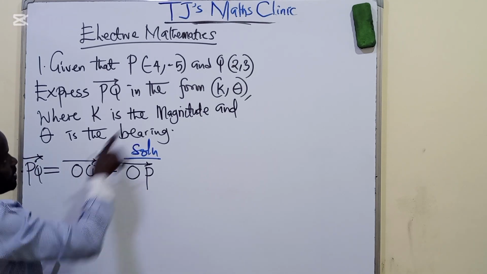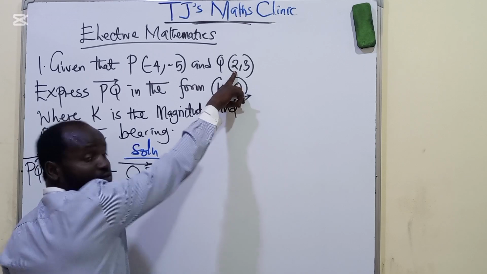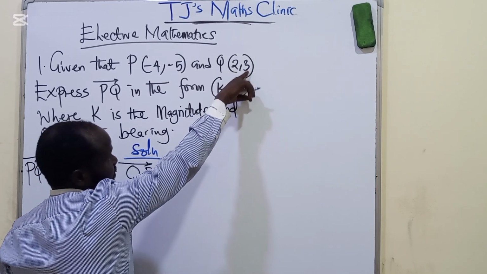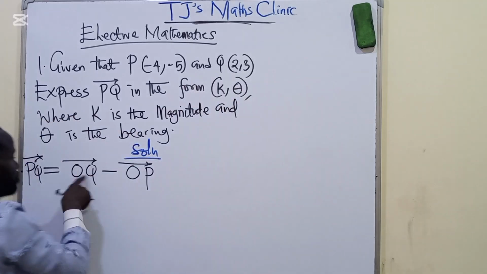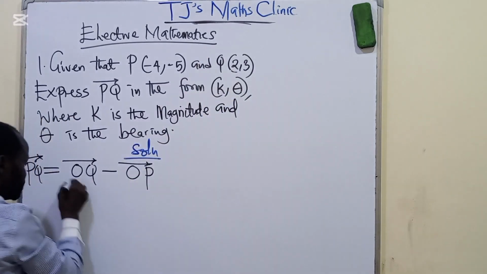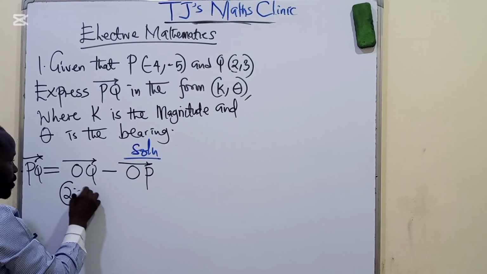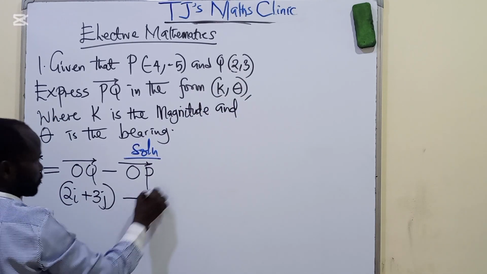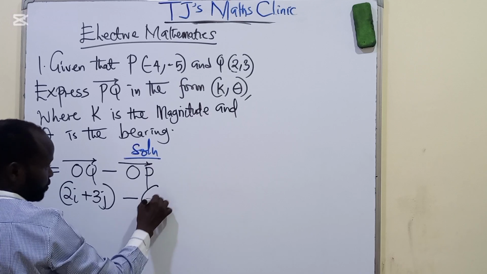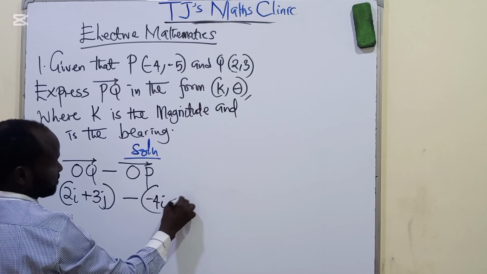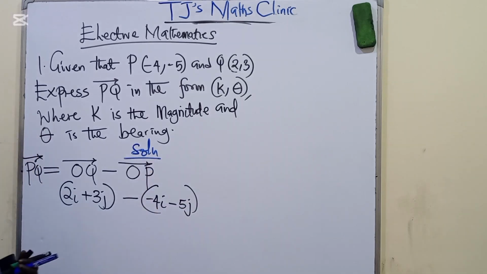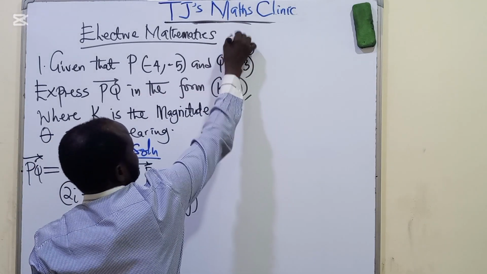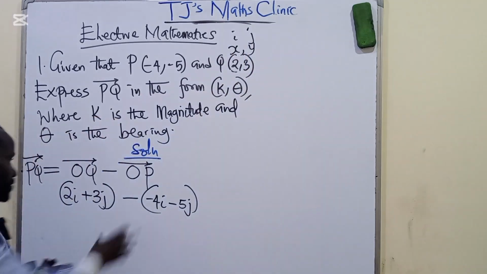Our OQ here, this is the X coordinate, which is associated with i, and this is the Y coordinate, which is associated with j. So OQ will now be 2i plus 3j, minus OP, which is minus 4i minus 5j. As I said, this is the X coordinate, Y coordinate, and this is i, j. Very important.